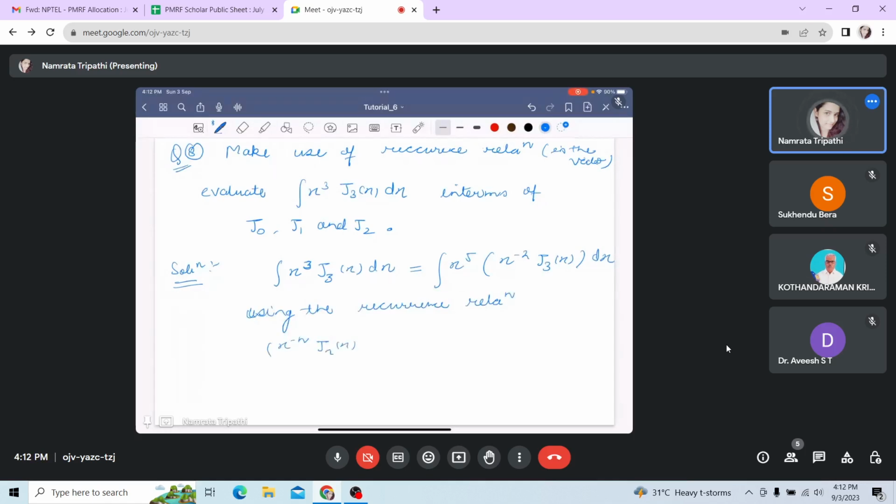Please use this recurrence relation. If we take n is equal to 2, you will get the value of this expression.